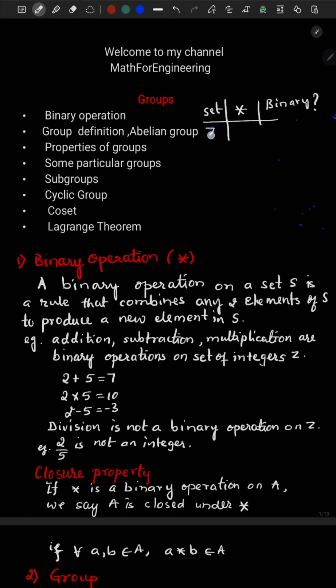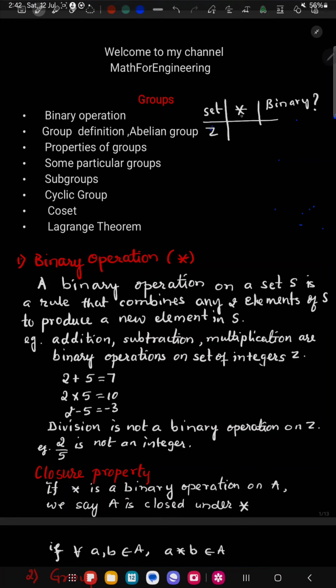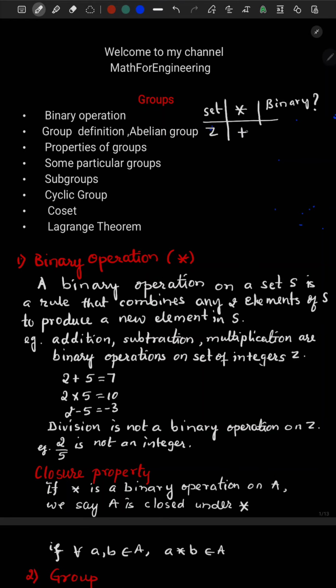If I take set G as the set of integers Z and the binary operation as addition, then when we say it is a binary operation, take any two integers from set Z, add them, and again we are getting an integer itself which belongs to Z. So hence addition is a binary operation.